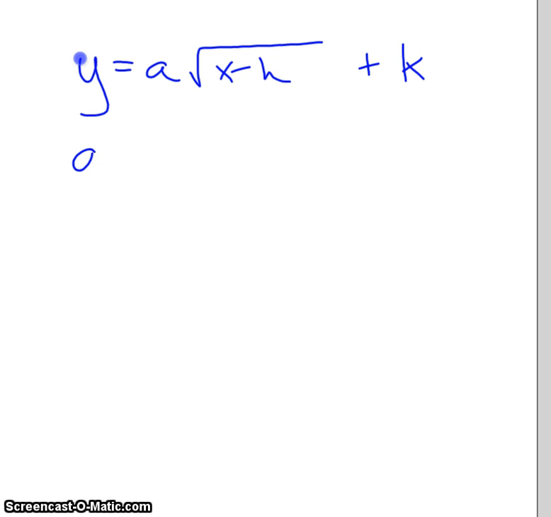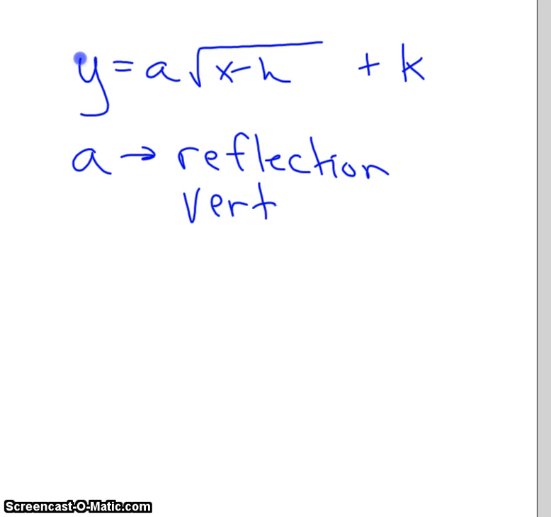So one thing we could say is that we now have a square root function with 3 parameter changes. And we can write this in a one function notation where we have A, which is a reflection, and it also affects, it's a vertical stretch.